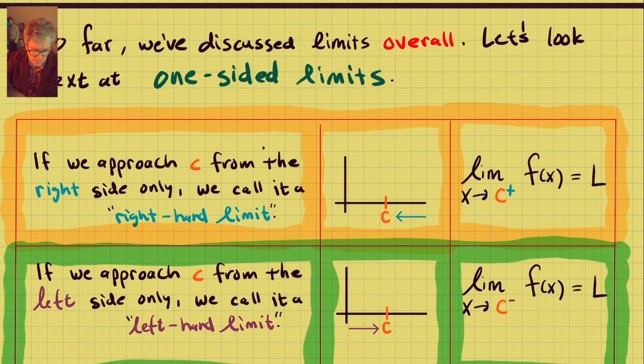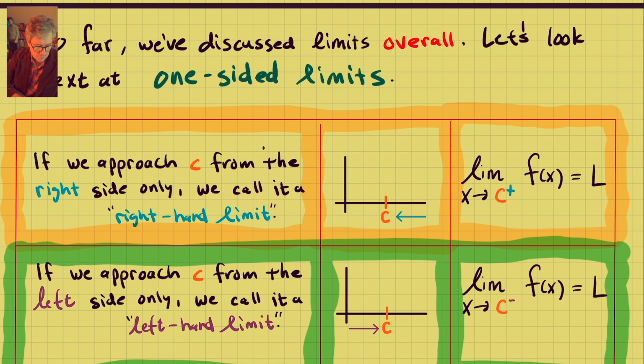If we approach c from just the right-hand side, just from the positive side, moving to the left, then we can denote that using this notation here. We say that the limit as x approaches c from the right, using this little plus symbol, of f of x is equal to L. This is called a right-hand limit.